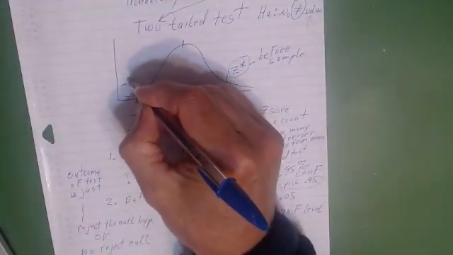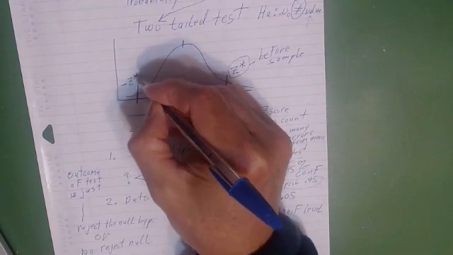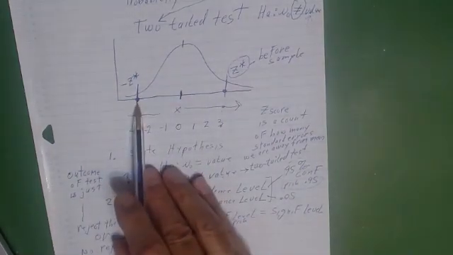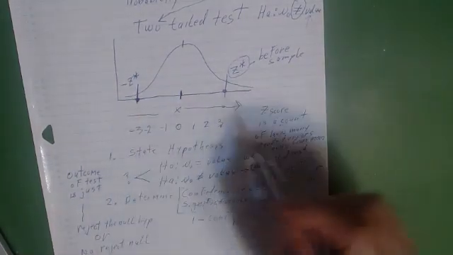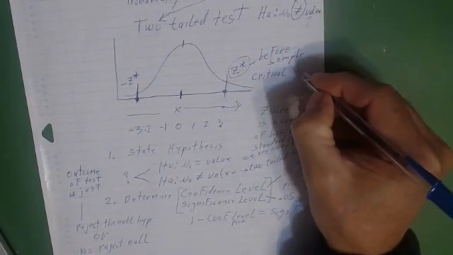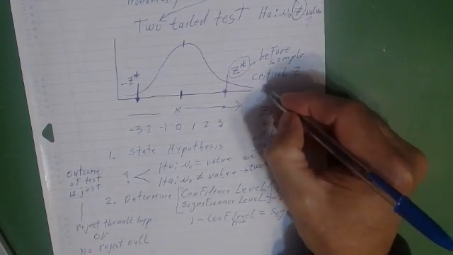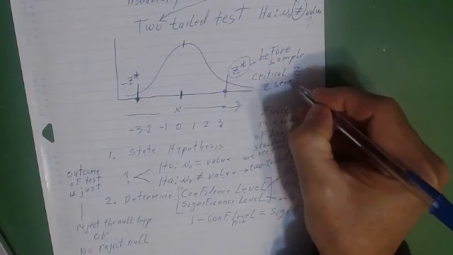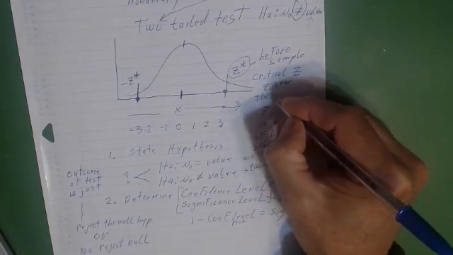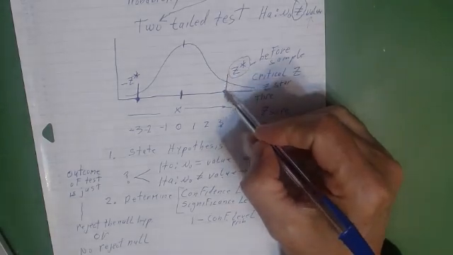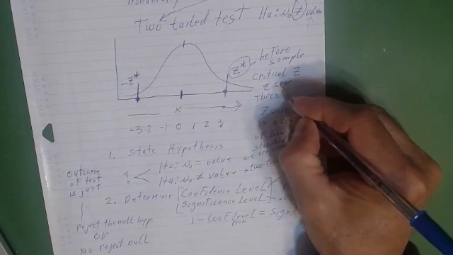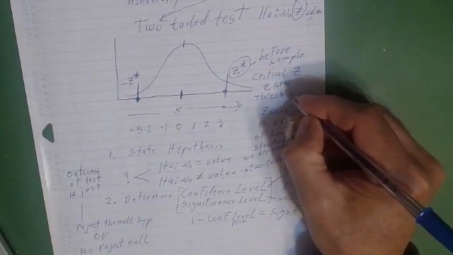So we have a minus Z star on the other side, and that's this point. That's the Z value for this point on the axis, okay? So these are called critical Z or Z star. And I like the word threshold, okay? Because this is like our trigger value. This is what we're going to compare our sample against, this number, threshold value, threshold.